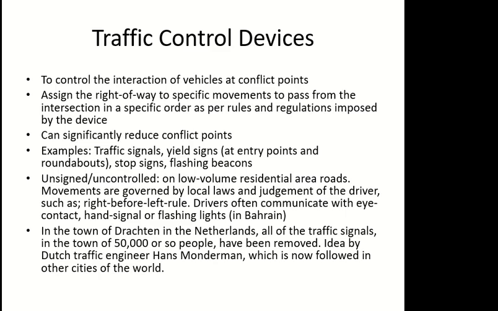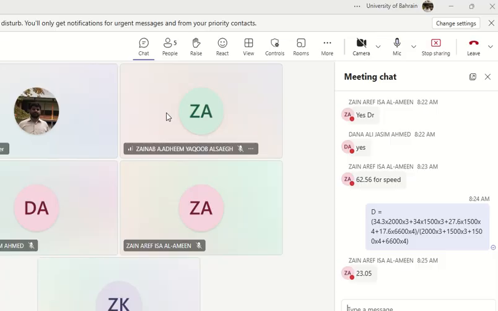Okay, if you are on a roundabout, what is the order of the movement on a roundabout? You have a vehicle which is on the roundabout and you have a vehicle which is entering the roundabout. Which one has the priority? The one which is on the roundabout or the one which is entering the roundabout?